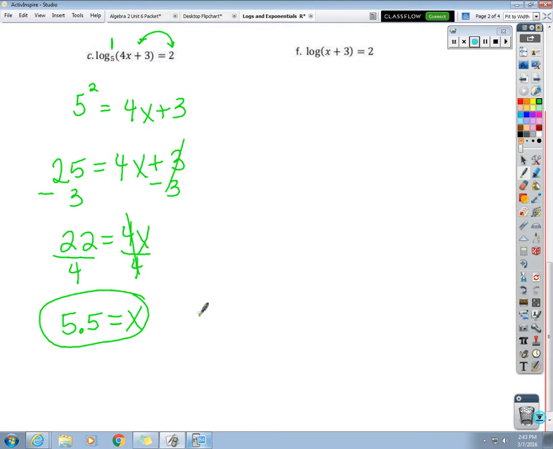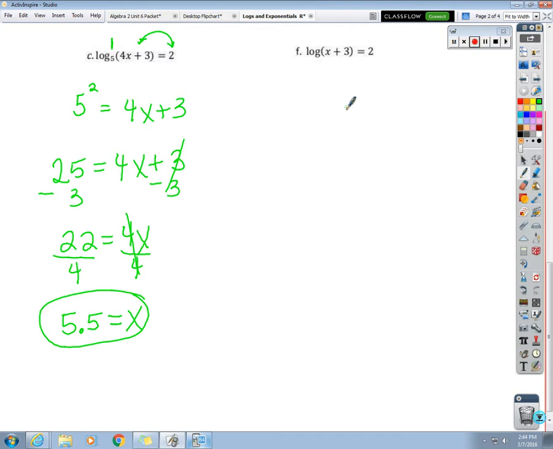Okay, on this test, Wednesday, checking is very crucial to making a good grade. So at this time, you would plug 5.5 in here and type in log base 5 of 4 times 5.5 plus 3, and your calculator better say 2, or you better rework it. Or you better start plugging in choices till you get the one that makes the 2.